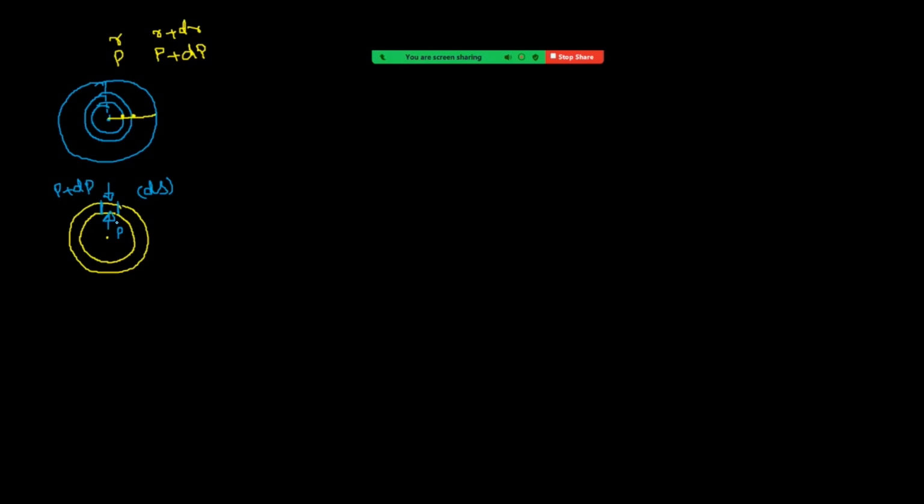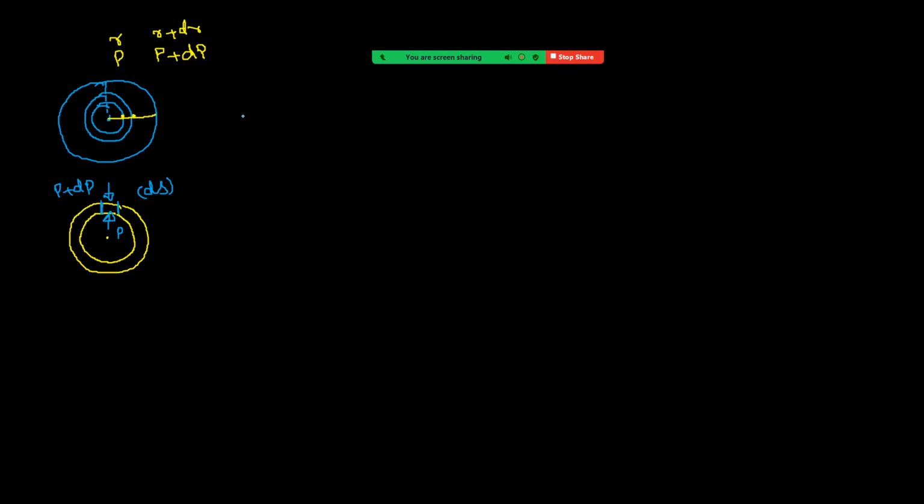The net force is actually outwards because the P value is more, I am saying dP value is negative. So the net force will be outwards. Therefore, this net force must be balanced by the gravitational force. If the gravitational force acting on that element balances the force due to pressure, then that element will be in equilibrium.